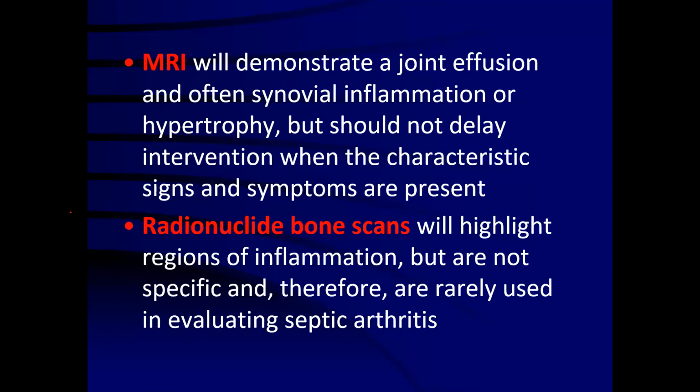MRI will demonstrate a joint effusion and often synovial inflammation or hypertrophy, but should not delay intervention when the characteristic signs and symptoms are present. Radionuclide bone scans will highlight regions of inflammation, but are not specific, and therefore are rarely used in evaluating septic arthritis.